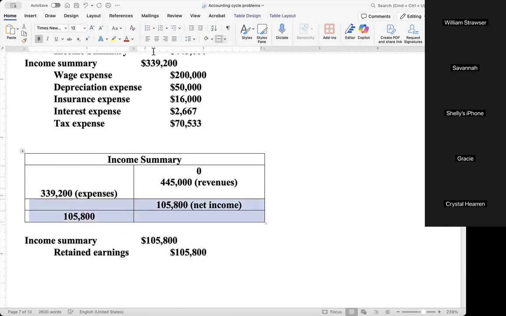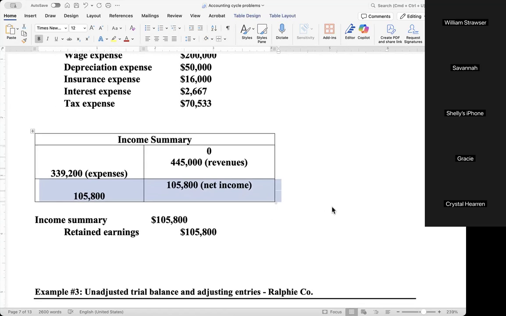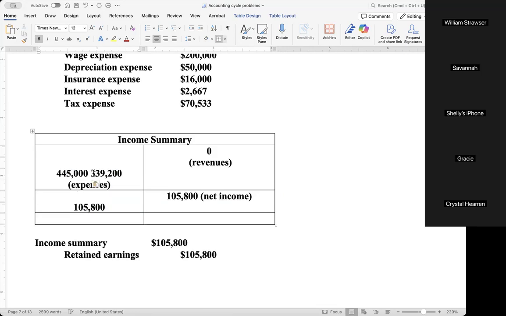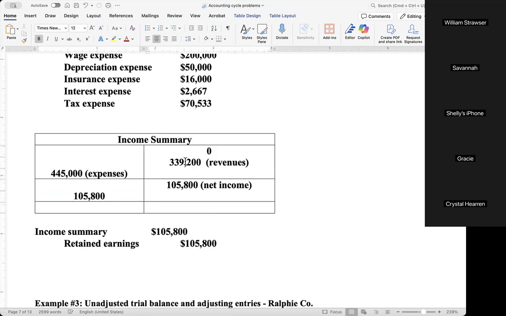Just as a word of caution, this isn't always a debit to the income summary. It is if we made a profit, if our net income was positive. But if our income's negative, then, for example, 445 and 339 switch places, then we have a loss on our hands.